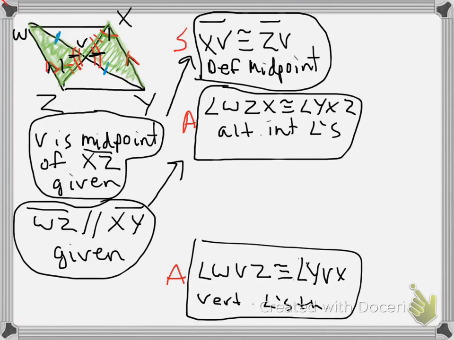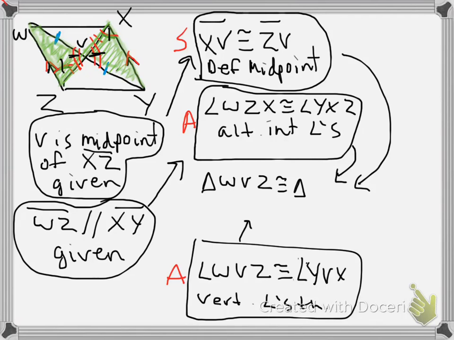So I'm going to write that this and this and this tell us that the triangle WVZ is congruent to triangle YVX by ASA.